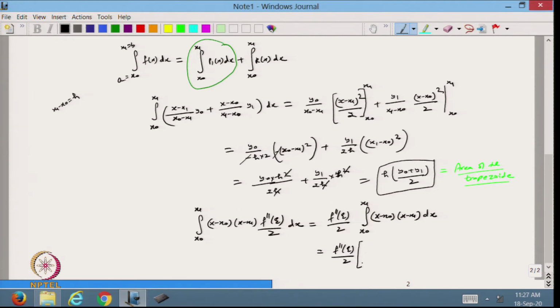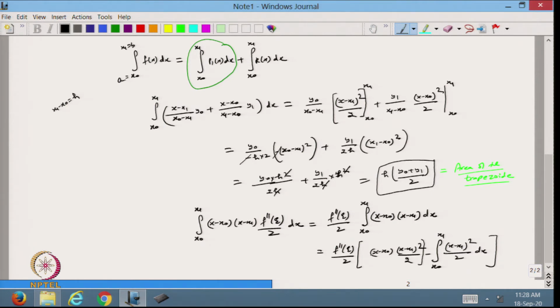I can take x minus x0 as the first function, and the integral of the second is x minus x1 whole square by 2, minus the integral from x0 to x1 of the derivative of the first, which is just 1, times x minus x1 whole square by 2 dx.